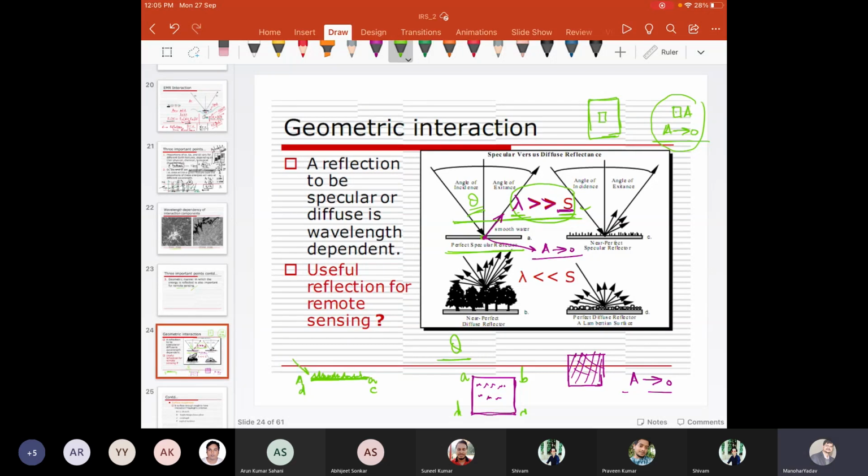So this is called a rough surface. It's not smooth like a mirror. The difference in height is computed as the standard deviation of height change, which is estimated as the surface roughness S.